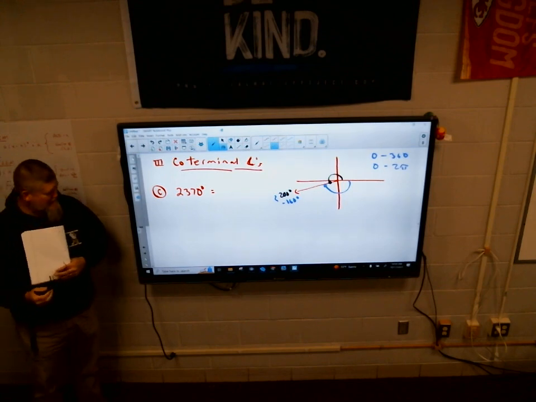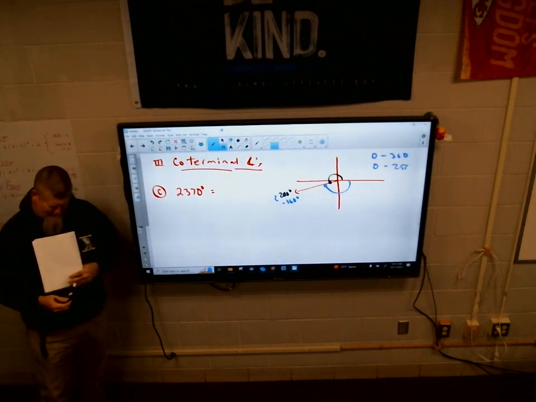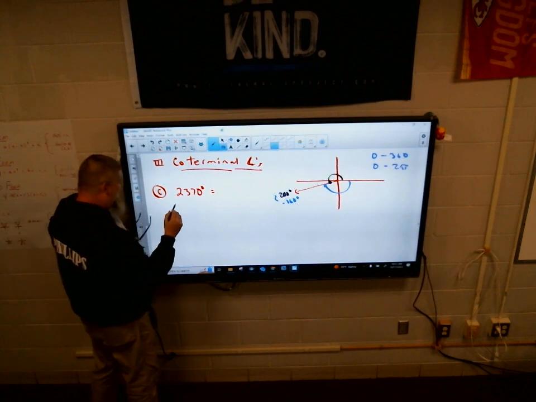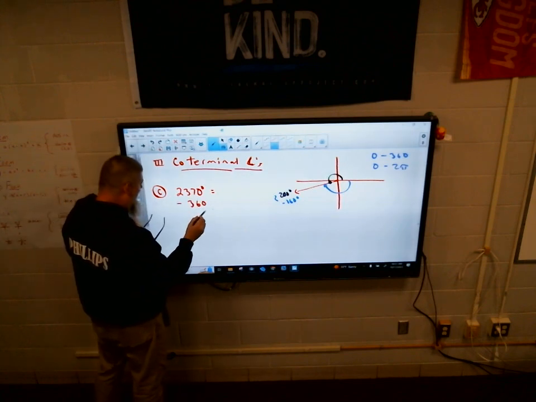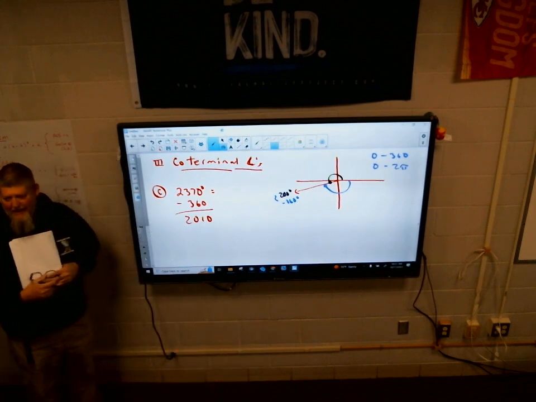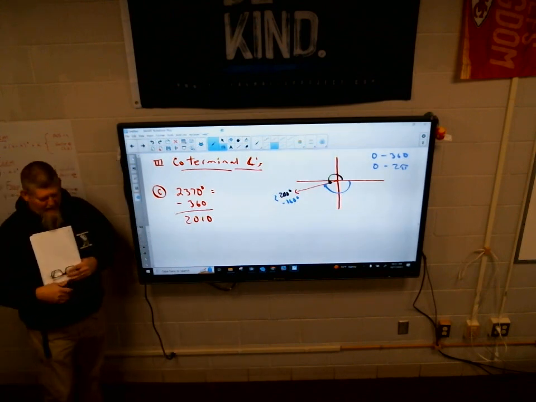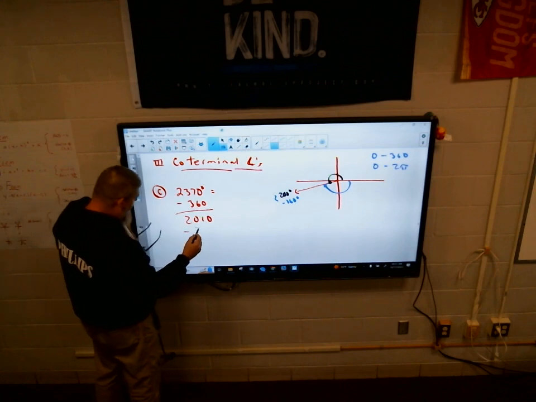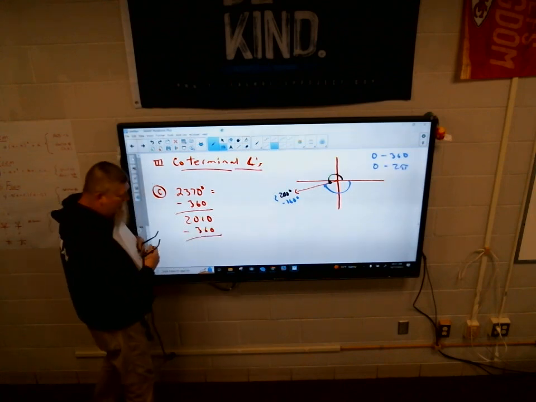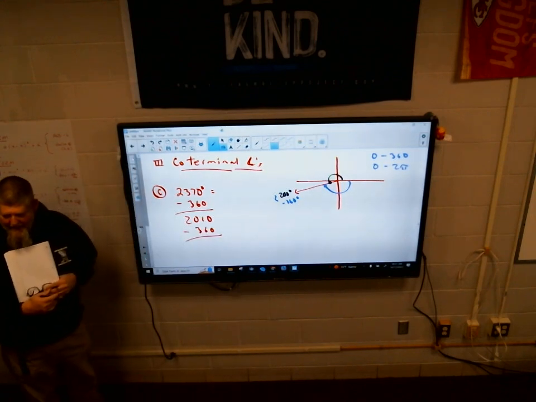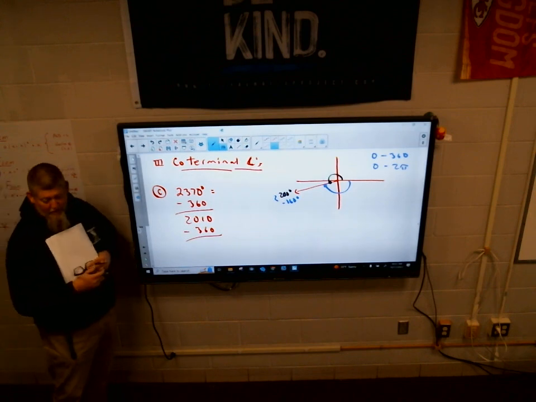No. By 180? You have to subtract 360. You get 2010. Subtract 360 again. Or you could just keep subtracting until you get between 0 and 360.